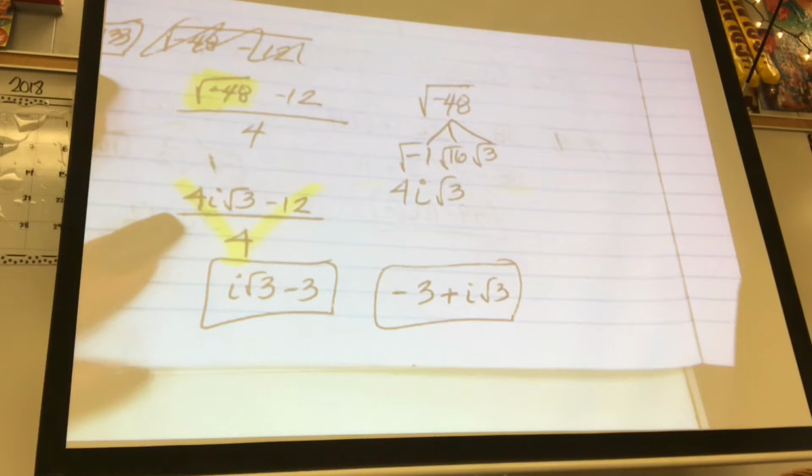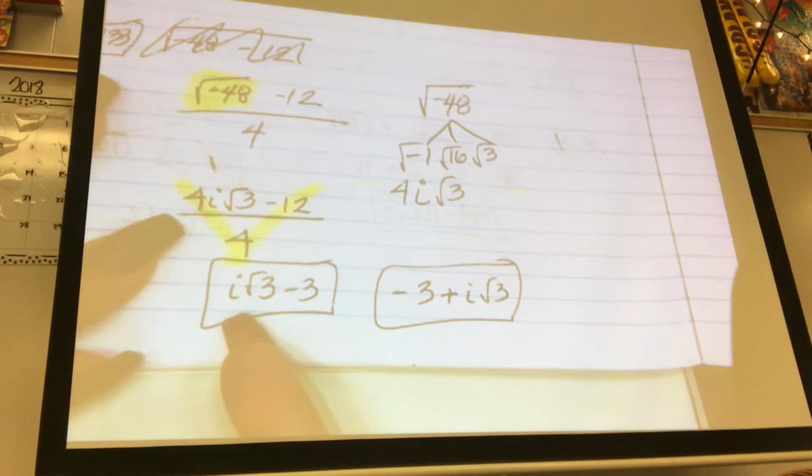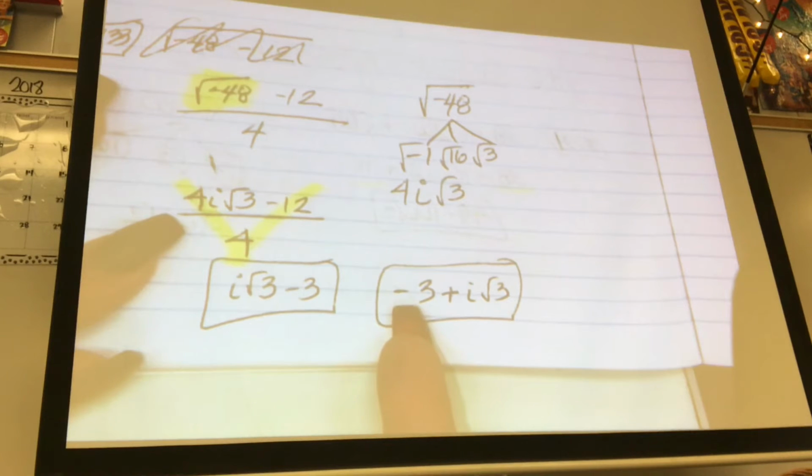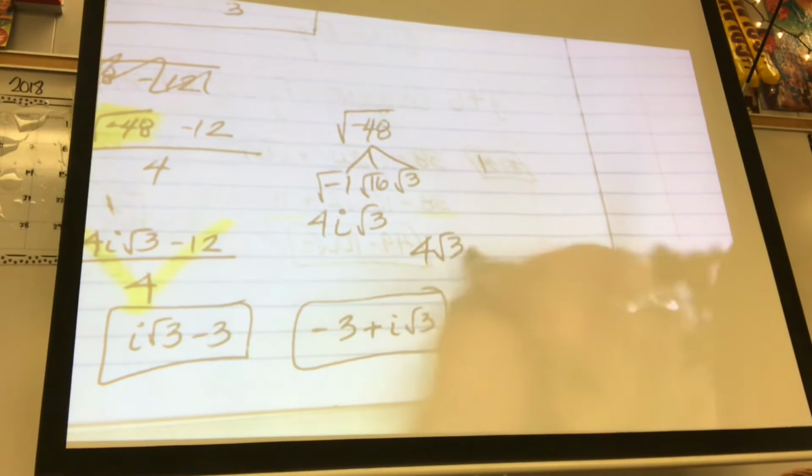Be careful because the I rad 3 is positive. I won't mark you wrong, I'll just laugh at you. I did 3i over 4 and then I did minus 12 over 4. Okay, so you have this over.